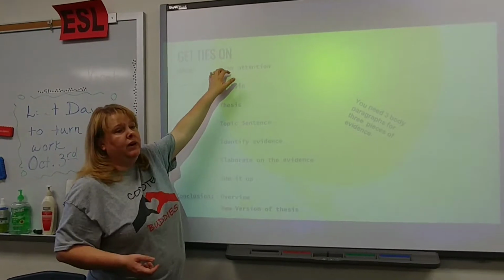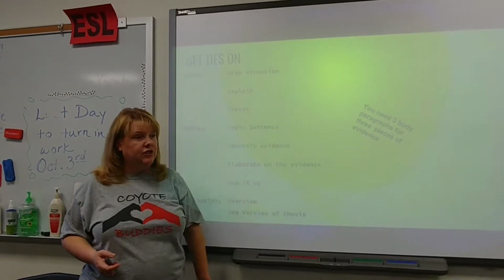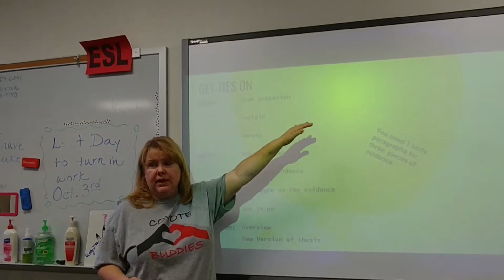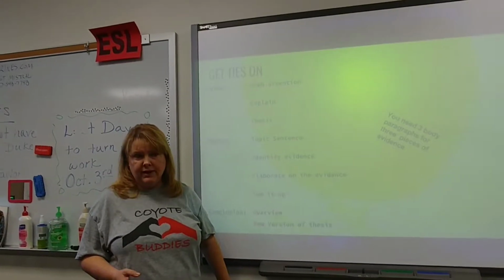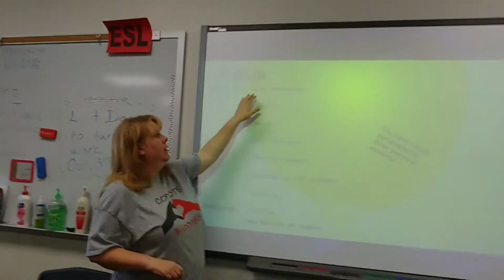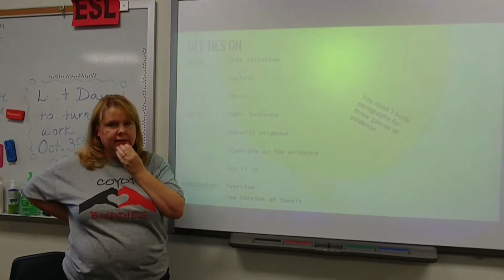But if I start with a current time issue, I should end with that, right? So I want to start with something and use that as part of my closure later. Does that make sense? Okay, good. All right. In the explain part, what are we probably explaining?